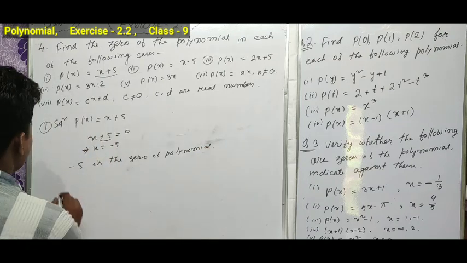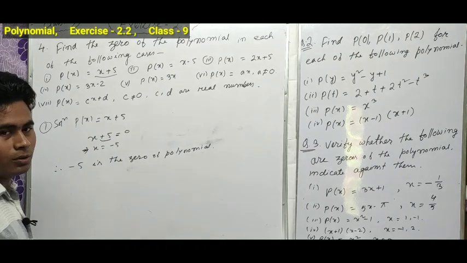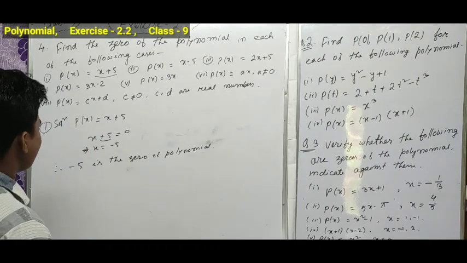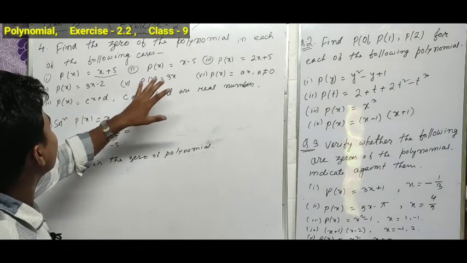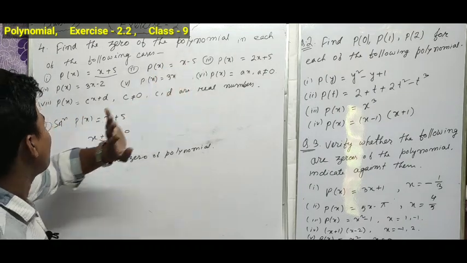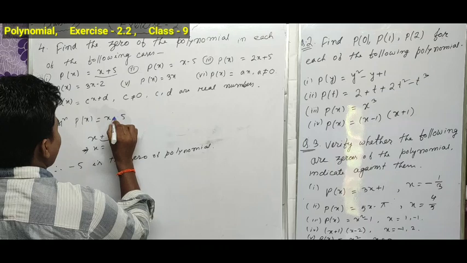Minus 5 is the zero of the polynomial. Okay, simply you can say like that. Same way we will do this one. Px equal to x minus 5.